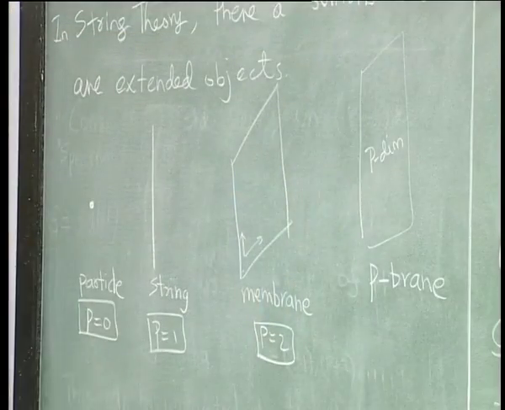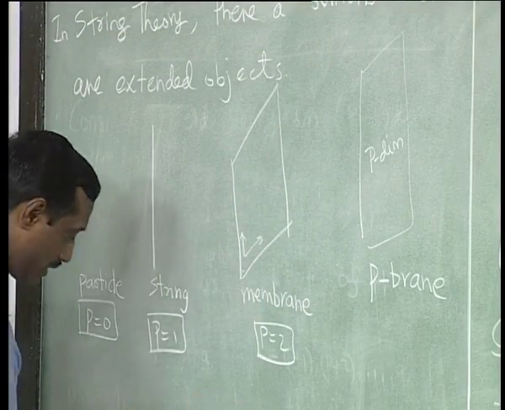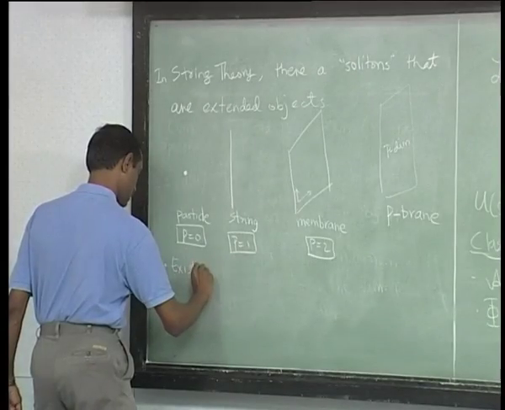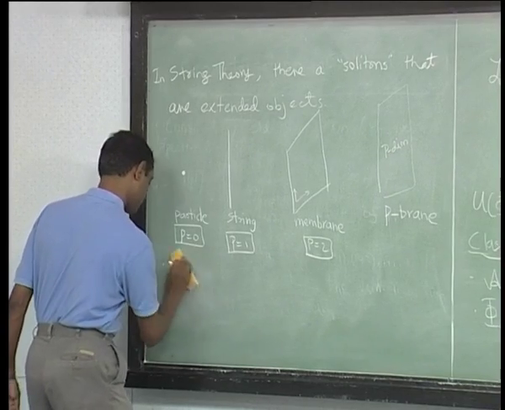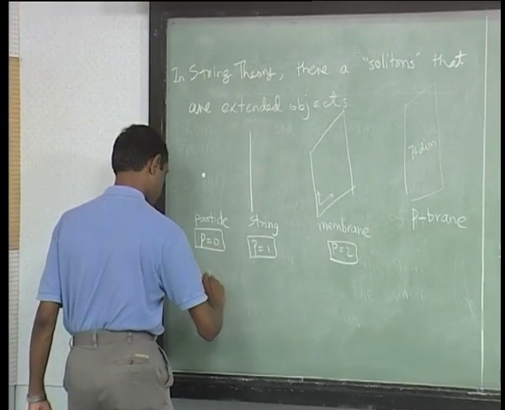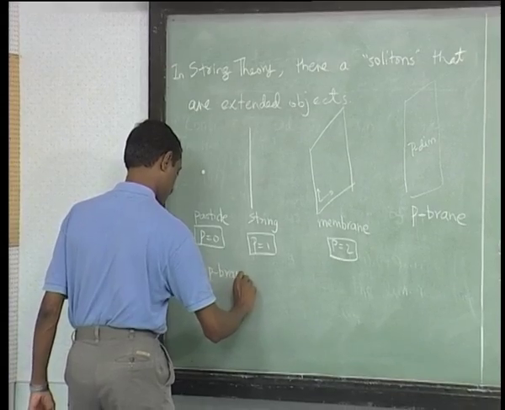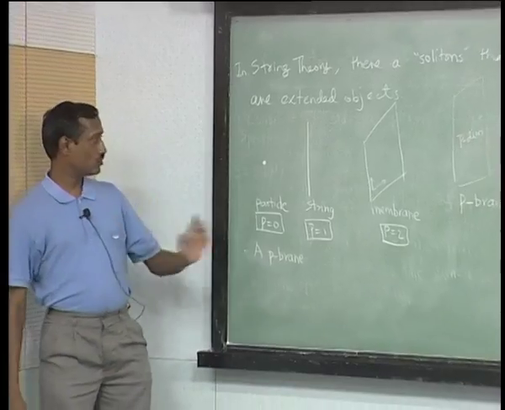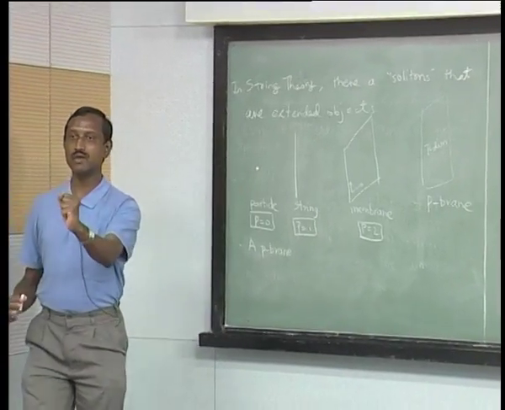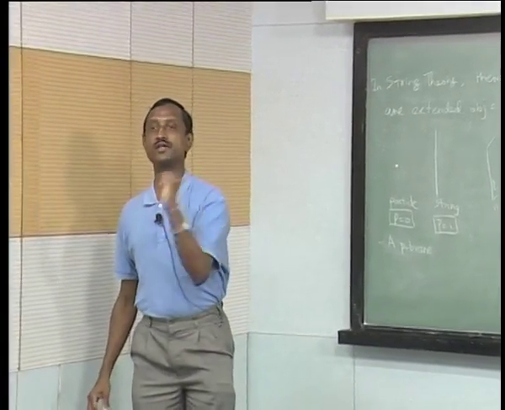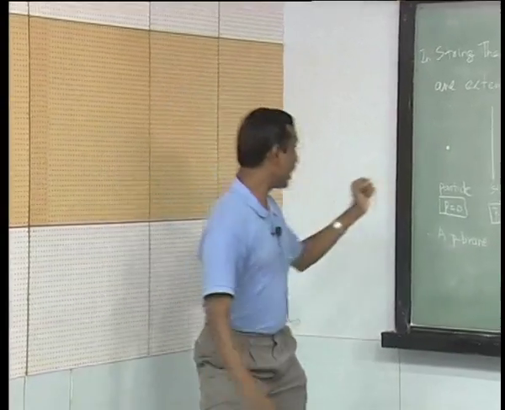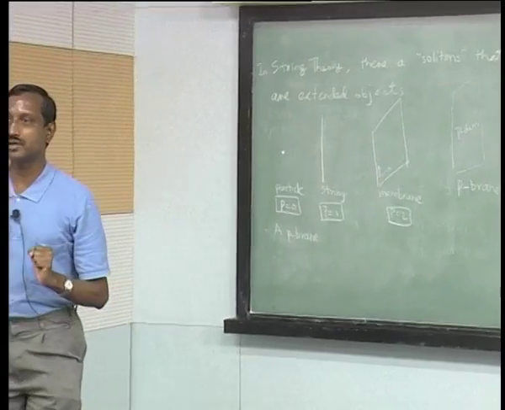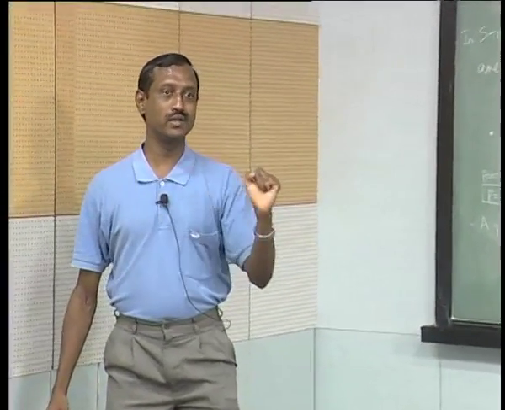But first thing you can see is that the existence of a p brane breaks translation invariance. Suppose you have a particle in some space, you have to give me its position, so it breaks translation in all directions. But if you have a string, along the direction of the string translation invariance is not broken, but translation is broken in the perpendicular direction.